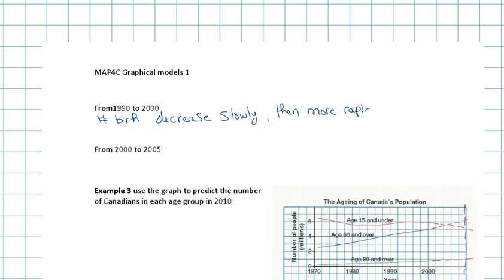And then number of births increases slowly between 2000 and 2005.